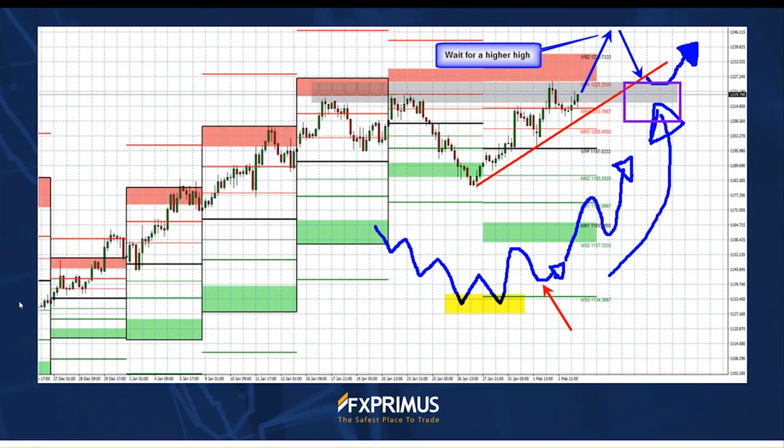But our decision to go long wasn't created on the 5-minute chart. It was created on the 4-hour chart. And if you're right, price will keep going up like that.